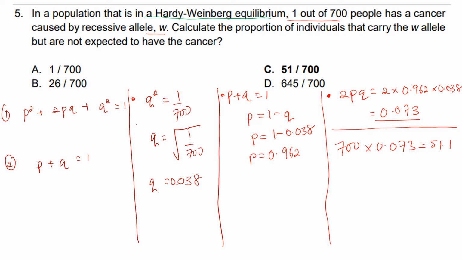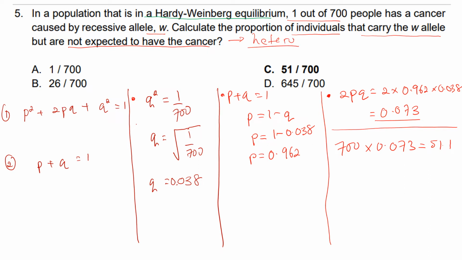The question asks how many individuals carry the small w allele but are not expected to have the cancer. So you have to determine how many individuals are heterozygous.